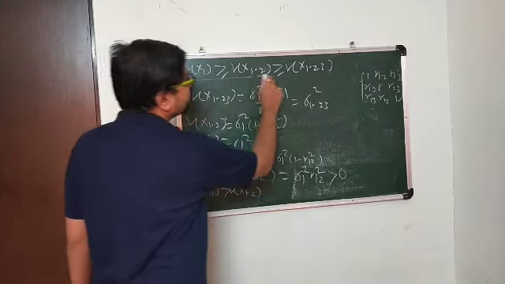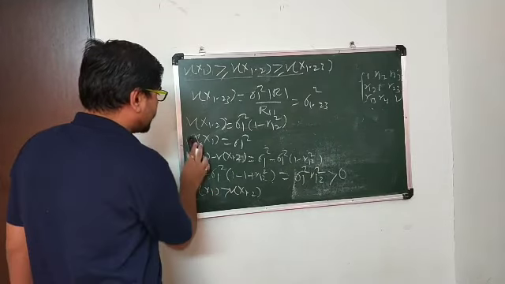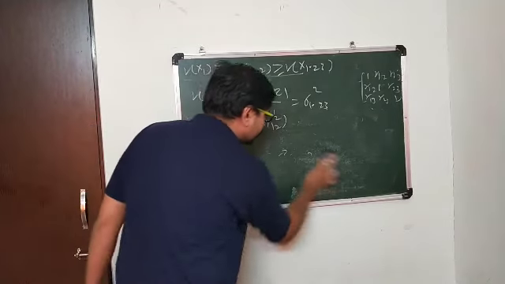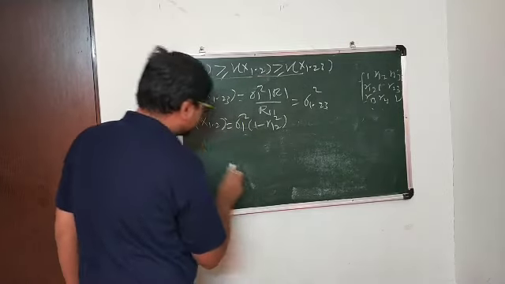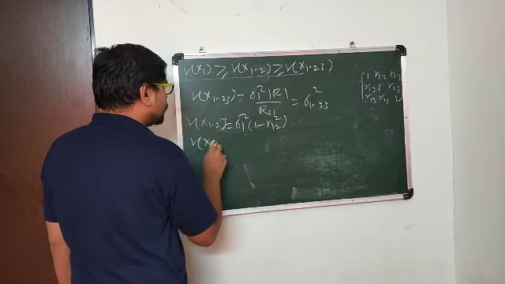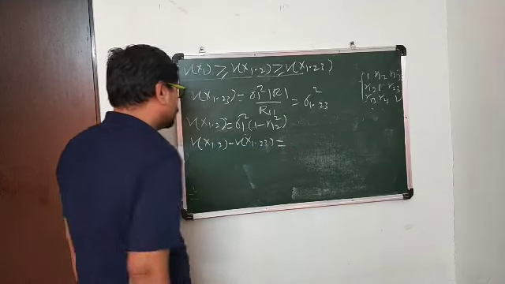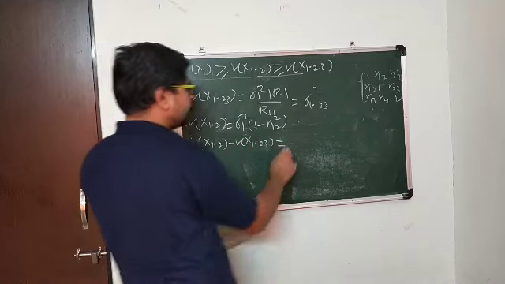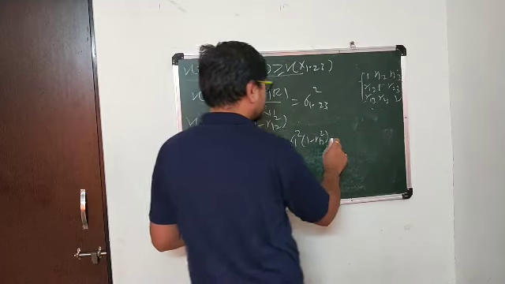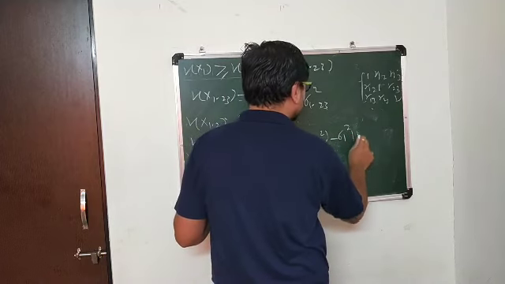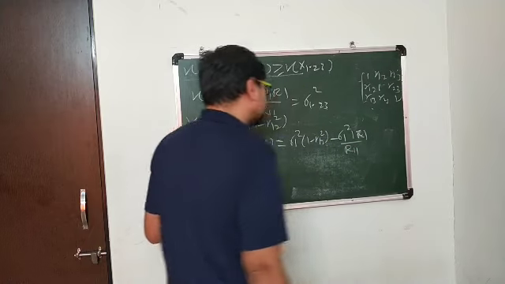Now we have to prove this. So consider the variance of x1.2 minus the variance of x1.23. What is the variance of x1.2? Sigma 1 square into 1 minus r12 square, minus sigma 1 square determinant of R divided by R11.